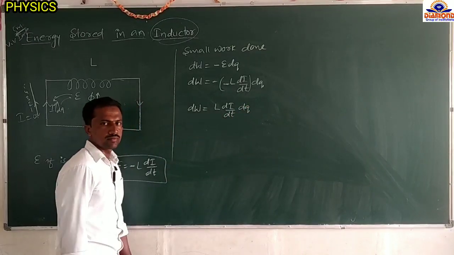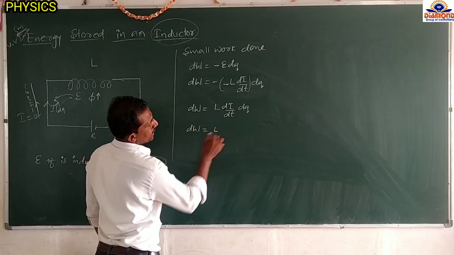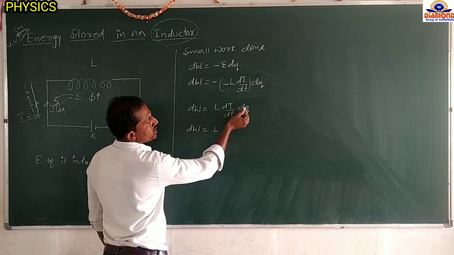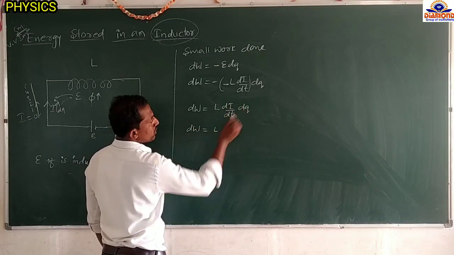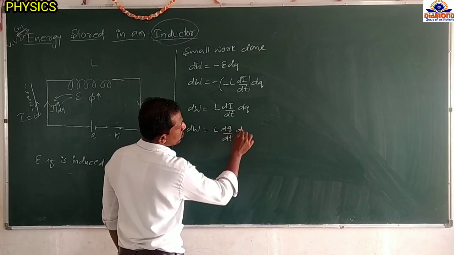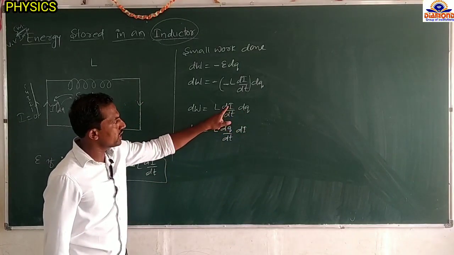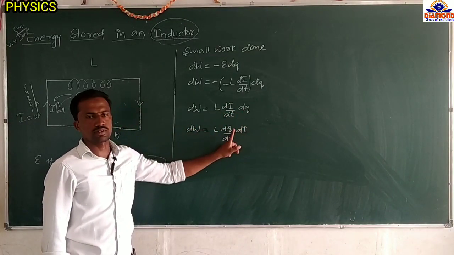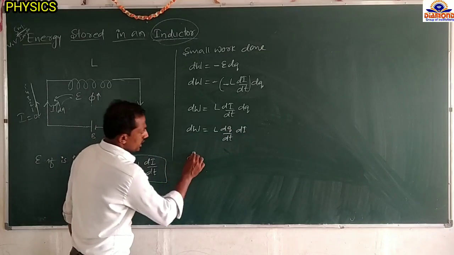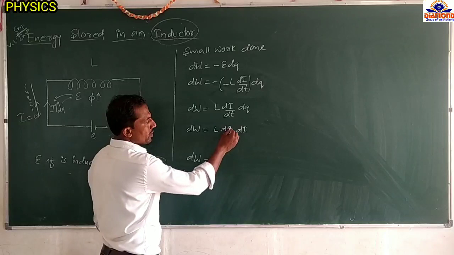Then dW equals minus minus plus; minus into minus means plus, so L di by dt into dq. Next, हमें टर्म्स को एक्सचेंज करेंगे, dq को इधर लिखेंगे, di को इधर लिखेंगे, then we write dq by dt into di. हम कुछ नहीं किए, जस्ट टर्म्स चेंज किया. dW equals L dq by dt into di.